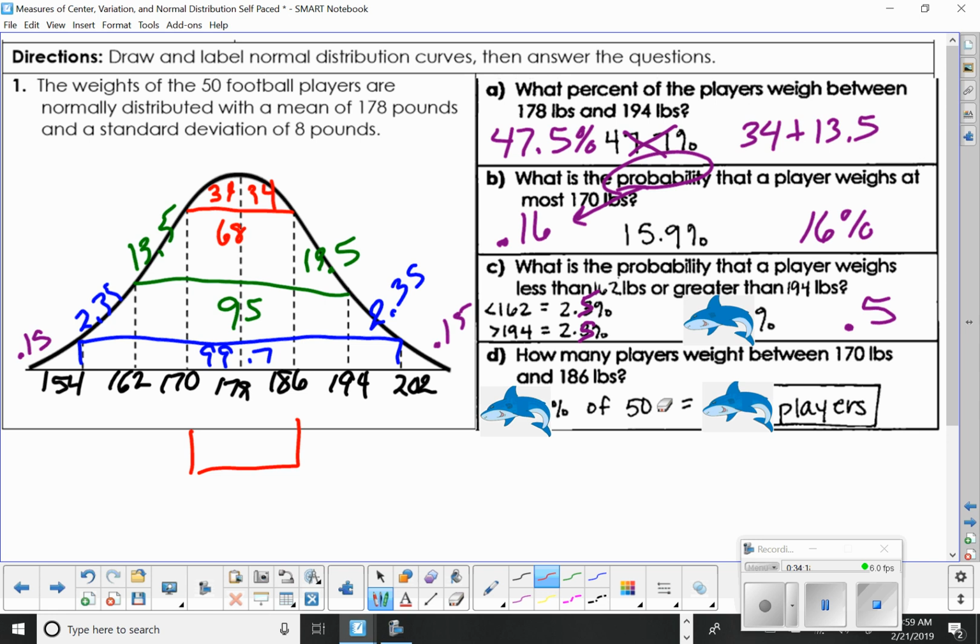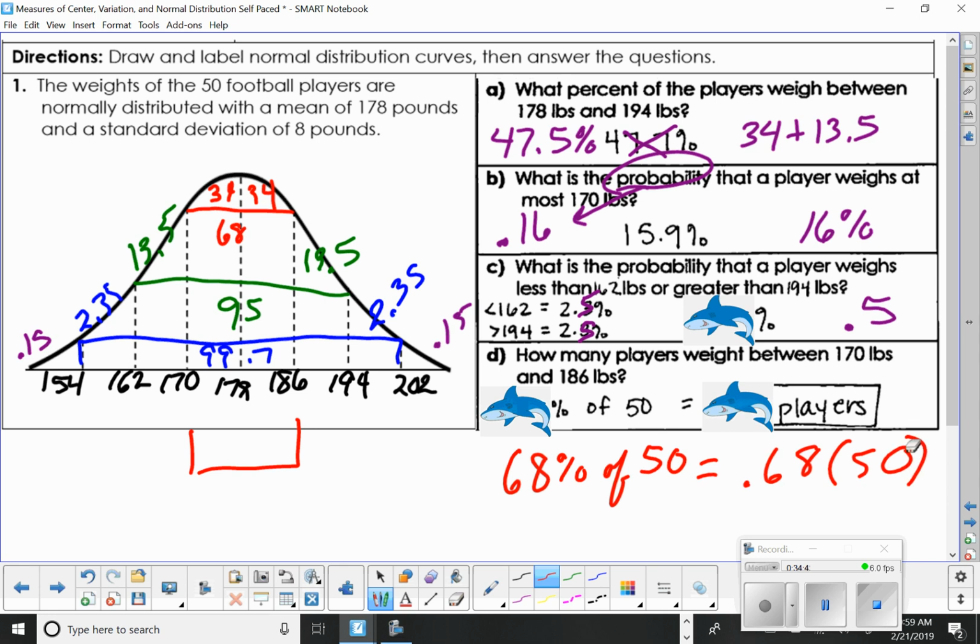So that means that we have 34, that's 68. So I'm going to need 68% of the players. There's a total of 50. I can't multiply 68 times 50. That's not going to be right. I need to do 0.68 times 50.